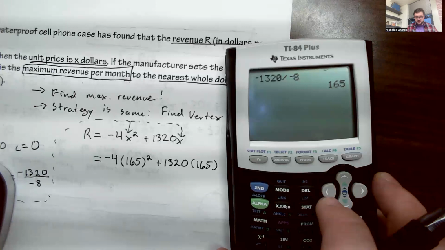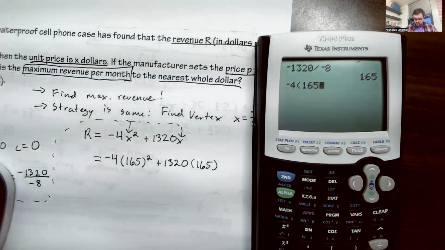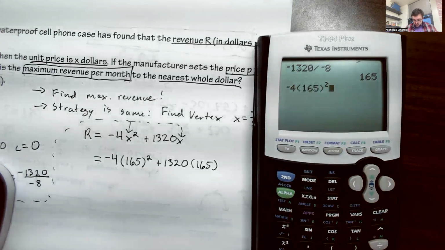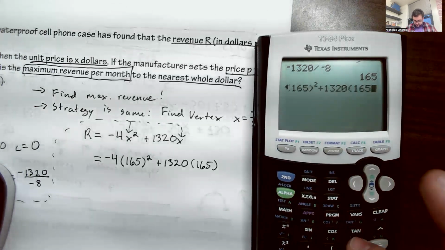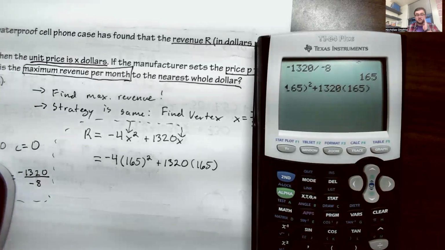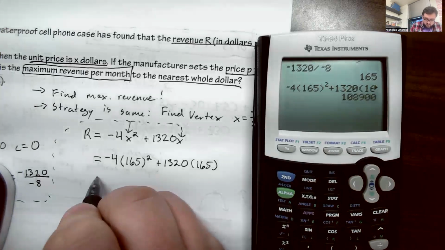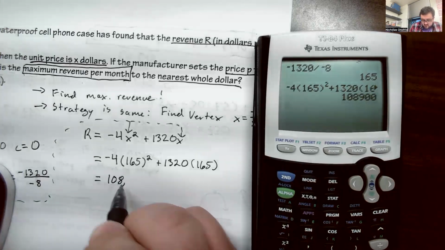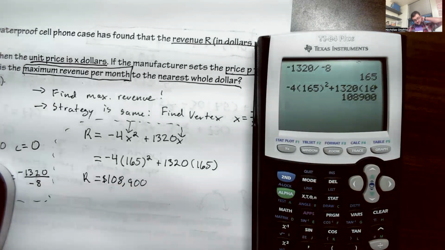Let's plug that into the calculator. Negative 4 times 165 squared plus 1,320 times 165. Plug those in, hit your equal. It's going to give you 108,900. Now we have found our revenue. We found what we're looking for.